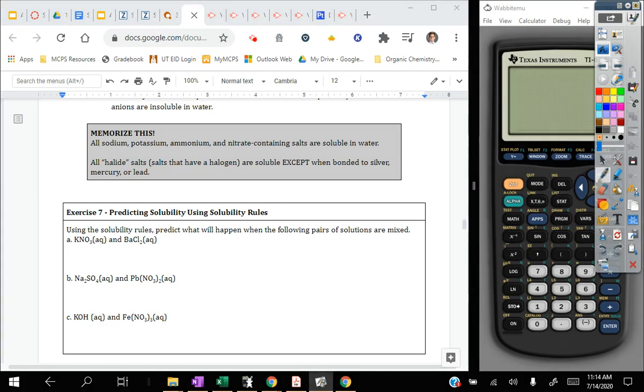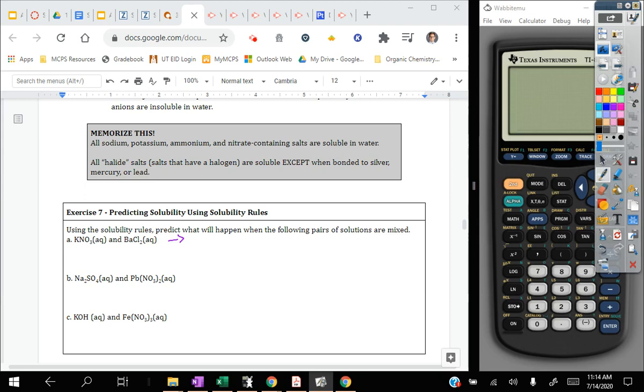Essentially, in this problem set, it says using the solubility rules, predict what will happen when the following pairs of solutions are mixed. We are given our reactants here, so essentially we need to predict the products and then identify if they will be aqueous or solid. So here, I know that potassium and barium will either stay in the same place or nitrate and chlorine will stay in the same place.